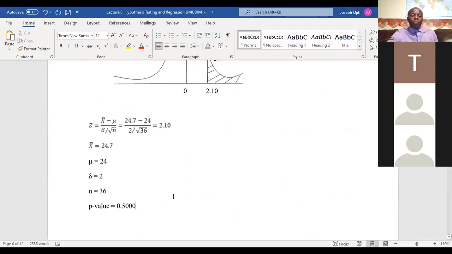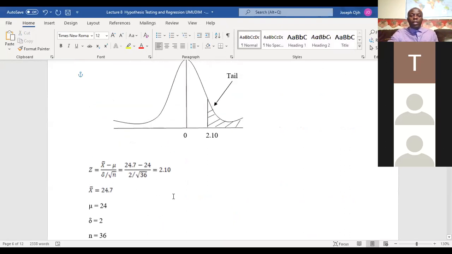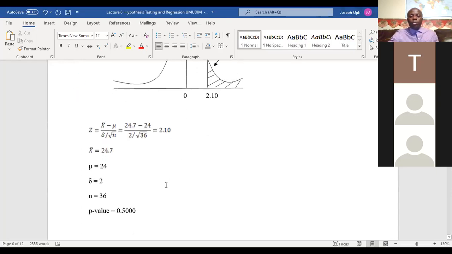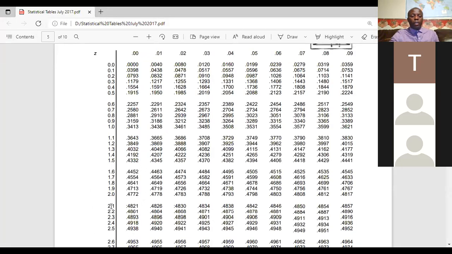So now, having explained that, we can get our p-value by doing 0.5000. Why are we doing that? Because, like I explained, when we are doing a normal distribution, half of this is 0.5, half of that is 0.5. If you're looking for only this portion, you subtract whatever you get from the table from 0.5. So let's look for 2.10 on the table of normal distribution. This is 2.1 here under 0, so you have 2.10, that's right here.